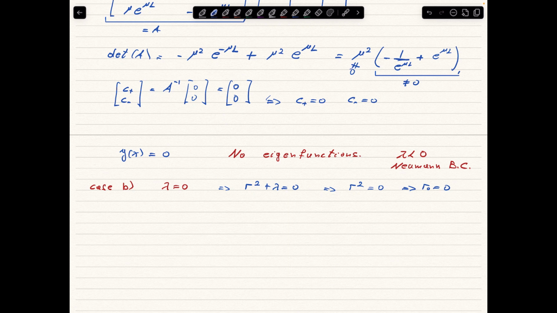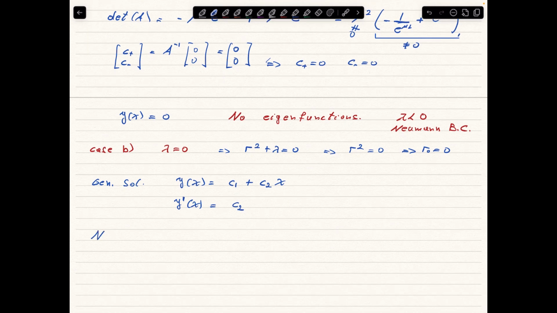So we have our general solution, which we computed already in the previous example: y of x is a constant plus another constant times x. Recall now in this problem we need to compute derivatives of the solution because we have Neumann boundary conditions, and here the derivative is C2.